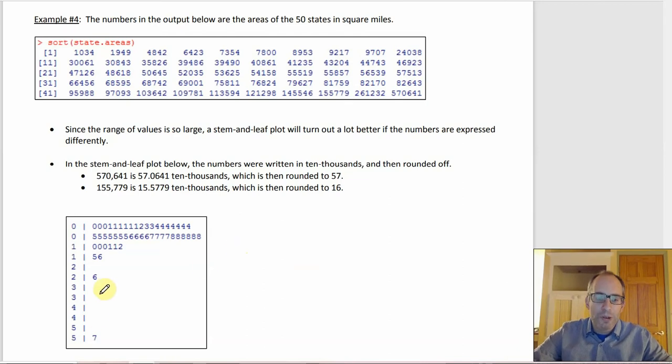And then notice you got big gaps, which we didn't have before, right? There's nothing starting with a 2 that would then have a 0, 1, 2, 3, or 4. Nothing starting with a 3, 4, or first half of 5, right? So you just have these gaps where there's no leaf. And then the 57, the Alaska number, that's clearly an outlier.